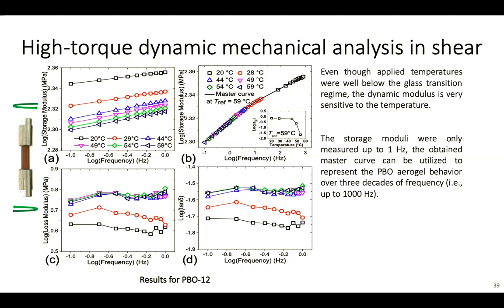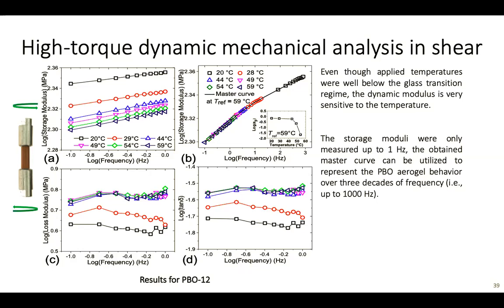Polybenzoxazine has a glass transition close to 150, but here we just covered 20 degrees, which is room temperature, to about 60 degrees. So we did a torsional test at different frequencies. Grips are attached by glue.